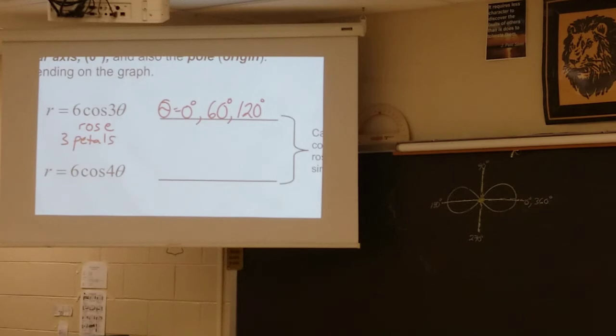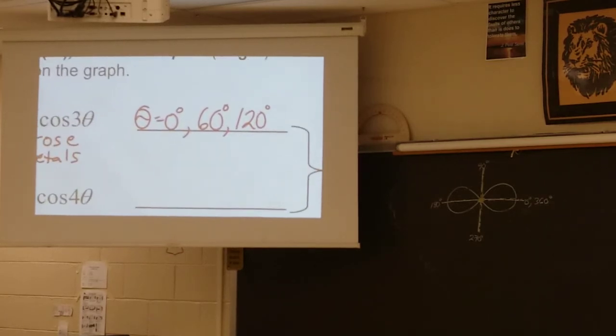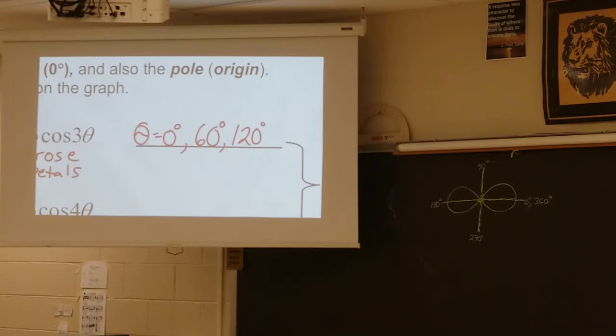Now, sometimes students say, well, what about the other side? Well, remember, the other side is the same lines. So I don't need to say it again. I don't need to say the larger values. This is good enough. But there's something mathematical about these numbers. These numbers are all 60 degrees apart.